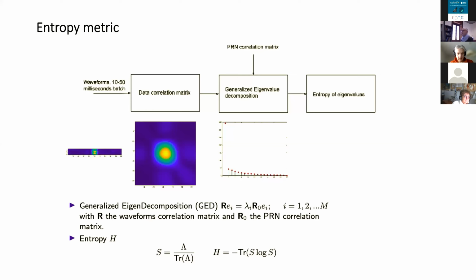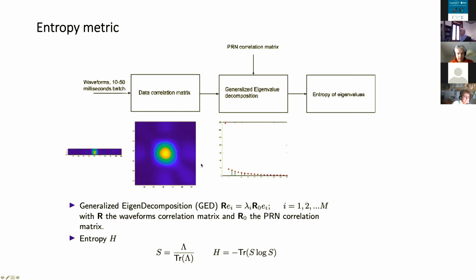For example, a number from 10 to 50 milliseconds in the matrix, and also not all the length of the waveform, but a number of samples around the specular point. And from this submatrix, we calculate the data correlation matrix that you can see, for example, in this picture.